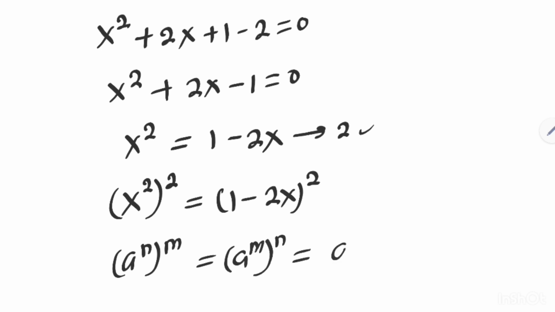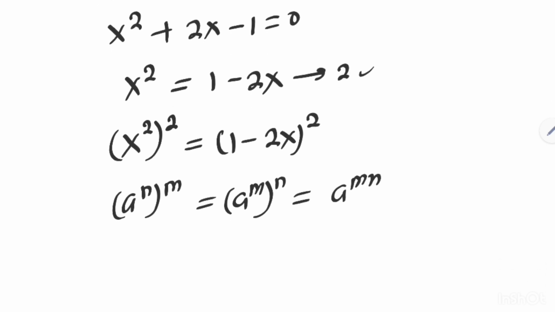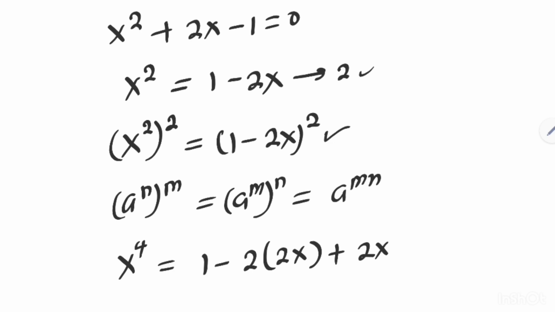This is equal to a raised to power mn. Then this can be written as x raised to power 4 is equal to 1 minus 2 brackets 2x plus 2x all squared.